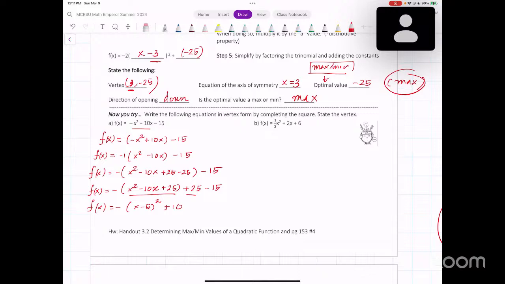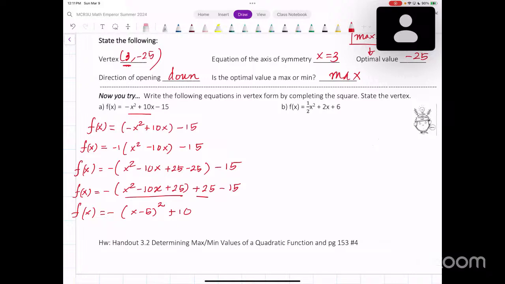I rewrote the first two terms with a bracket, and on the 6, I only did the common factor on my second step. So where's the first step? Put a bracket between the first two terms, right? We didn't do that. I know you can skip the step, but I just want to make sure that you're following that.